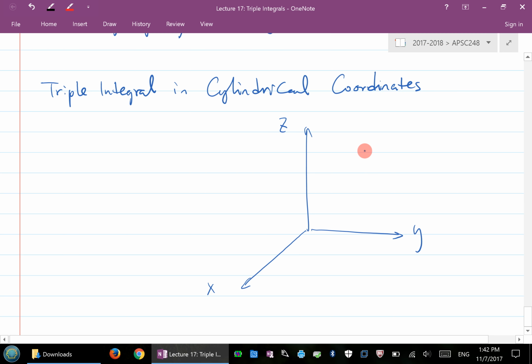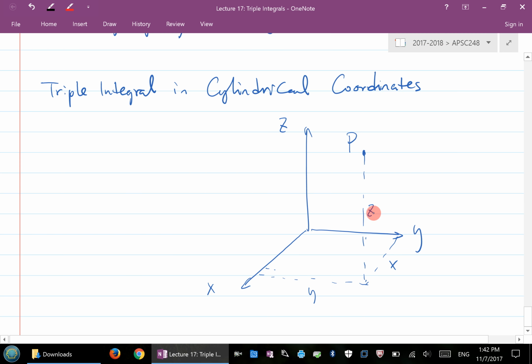Now, if I'm going to pick a point inside this Cartesian coordinates, let's say this is a point P. So you can use x, y, z to represent the location of this point P. And you can always get that information by projecting the point P into the xy plane. So you can find, okay, this is your y, this is your x, and this is your z, right? That's how you locate this point P in 3D space.